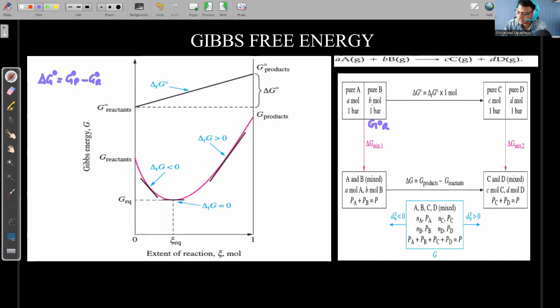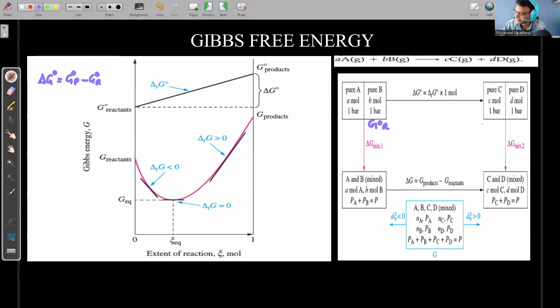They are not mixed, they are not in the same container, they are separately present at 1 bar pressure. 1 bar is a standard condition, so A is in a standard state, means the pressure of A should be 1 bar, and the number of moles of capital A should be according to the balanced reaction. So pure A is there, its moles is equal to the stoichiometric coefficient, and it is present at 1 bar. B is there, it is in pure form, its moles is according to the balanced reaction, and it is at 1 bar. So this represents G naught of reactant.